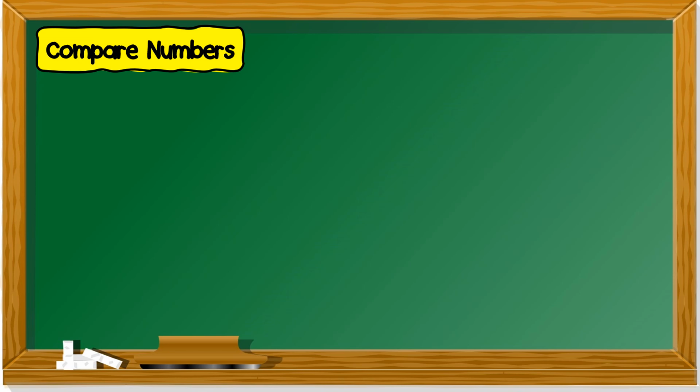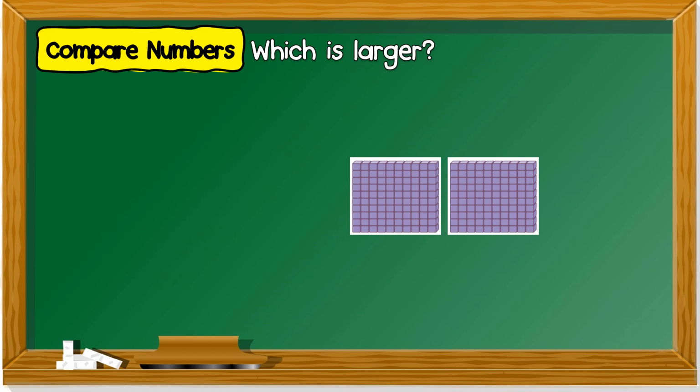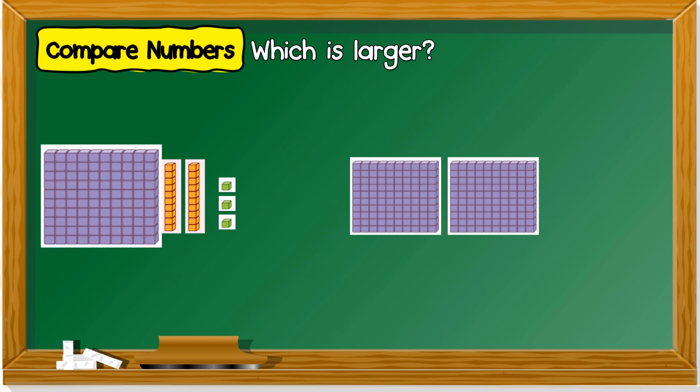We look at some example, which is larger. Larger bermaksud lebih besar. Let's take a look at these. What are these? Remember, they are blocks. We look at the one on the left side. How many blocks of 100? 1.